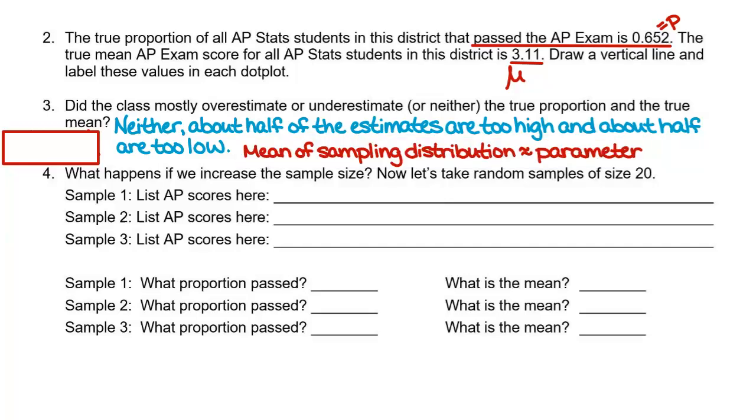When the mean of the sampling distribution is about the same as the parameter, then we say we have an unbiased estimator. What am I trying to say when I say the mean of the sampling distribution?